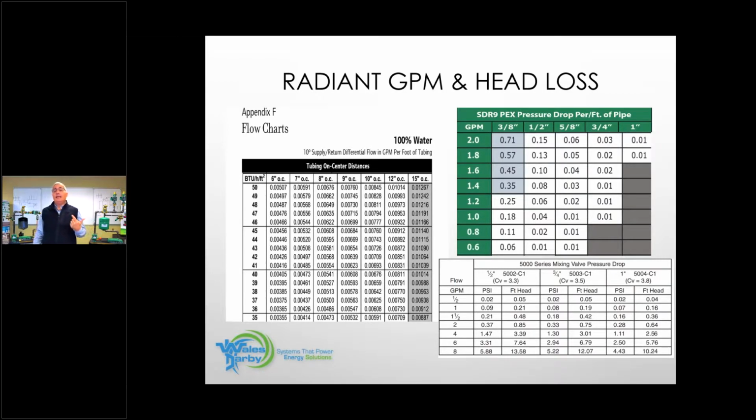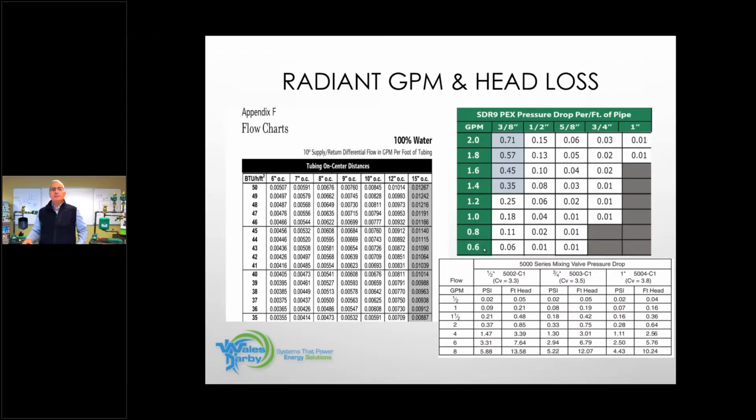Now I got to figure out the head loss. So I have to go to a PEX pipe chart. I can't use a copper chart because the inside diameter of PEX is smaller than copper. So I got to use a PEX chart. So I find that GPM. I'm not going to do 1.8. I'm going to do somewhere between 0.8 and 0.9. So 0.9 is not on the chart, and because both loops are the same, I don't have to add the head for each loop.